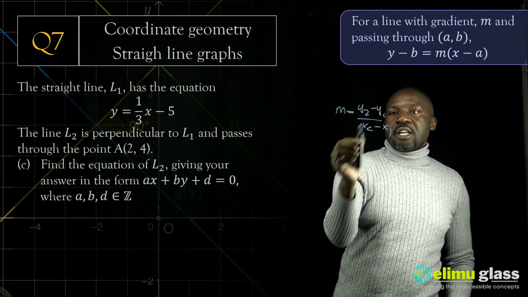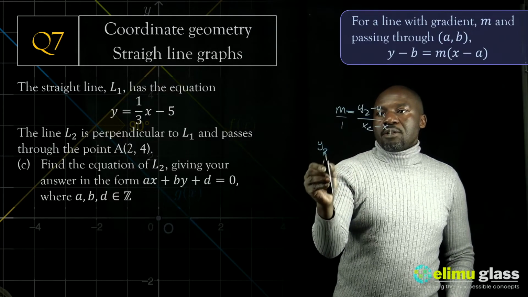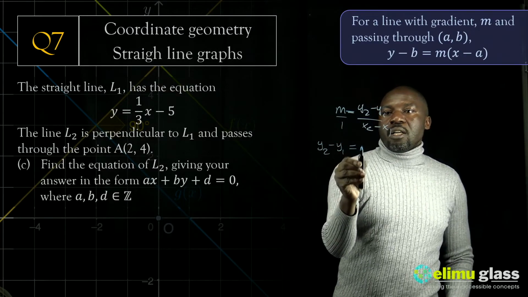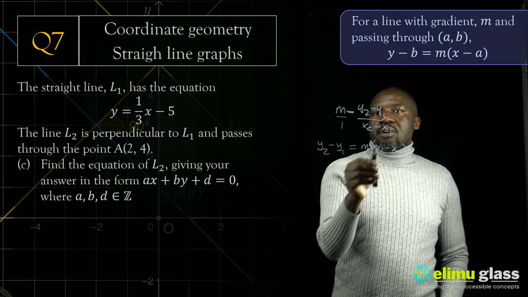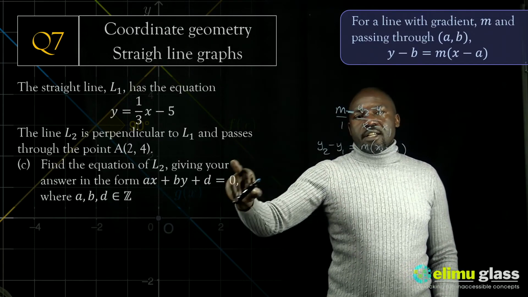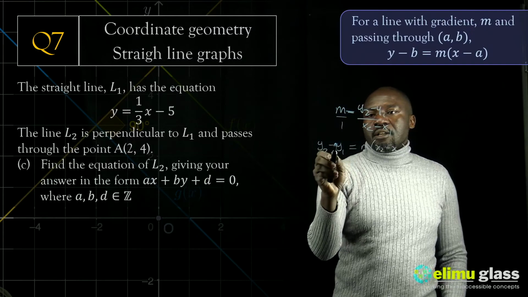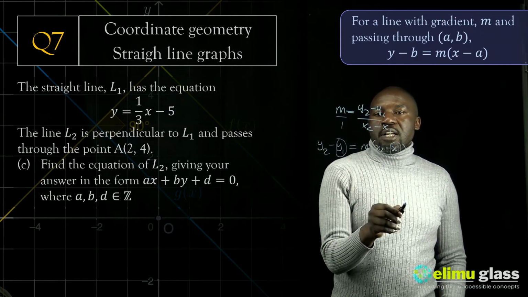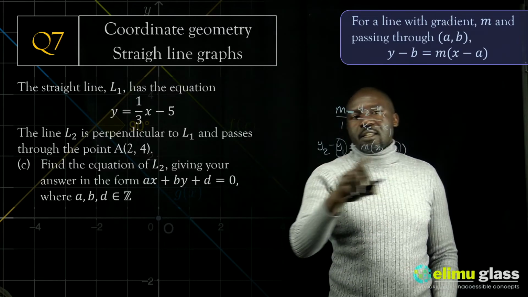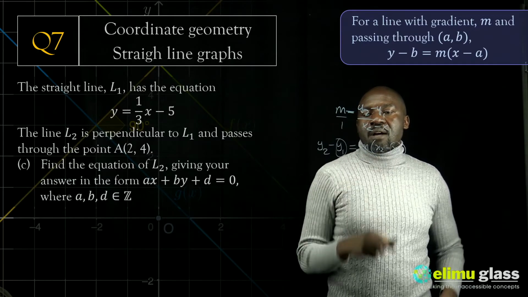If I cross multiply, I get y2 minus y1 equals m into x2 minus x1. So if we know the coordinates of one of the points, such as 2, 4, the y coordinate is 4 and the x coordinate is 2. Then x and y here become the variables.